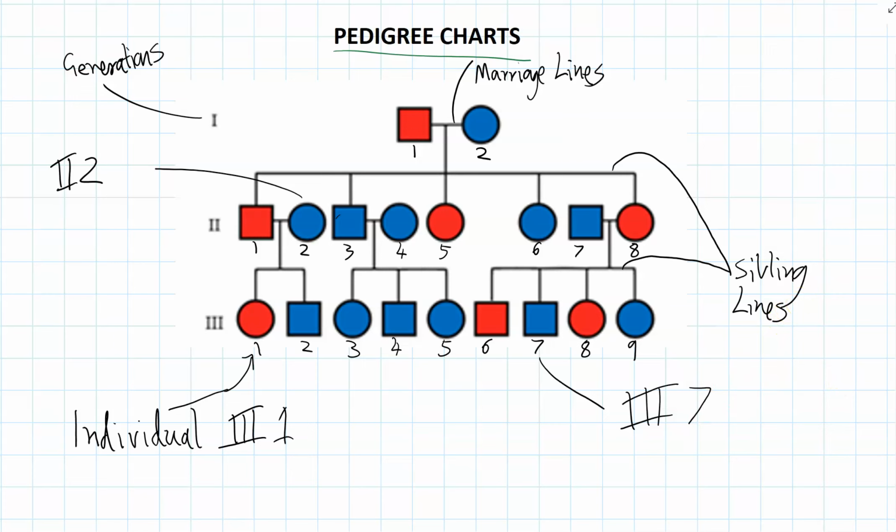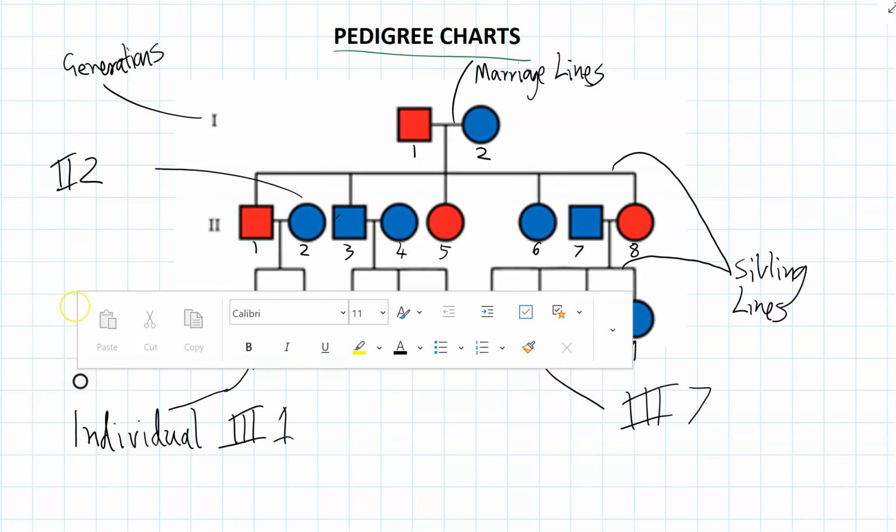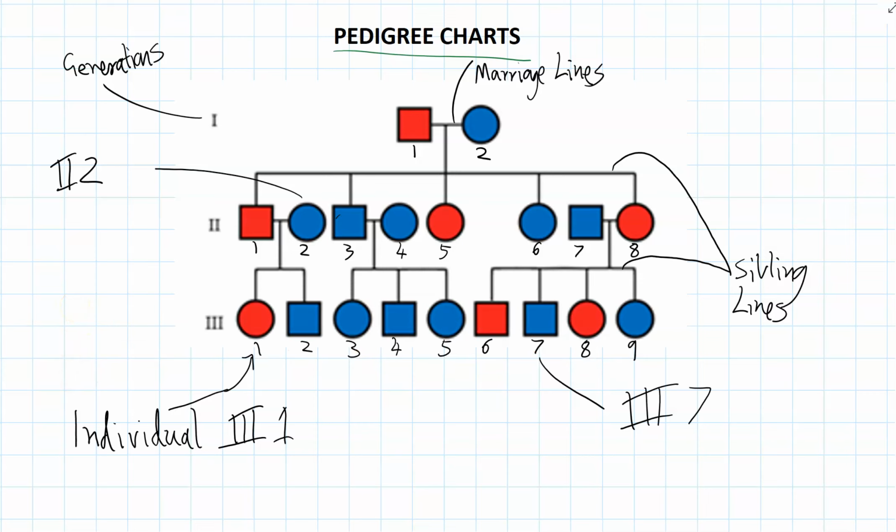Alright, the last thing to do to recognize or to read and to draw pedigree charts is to know the different shapes and what they mean. So first of all, we have squares. Squares mean males, biologically. Circles mean biological females.